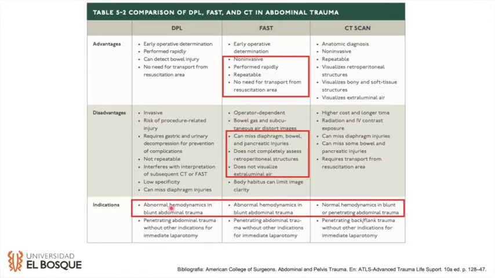And here on the indications, you can see, for example, the DPL and the FAST exams are both indicated in unstable patients, but the CT scan is only indicated in patients who are stable.